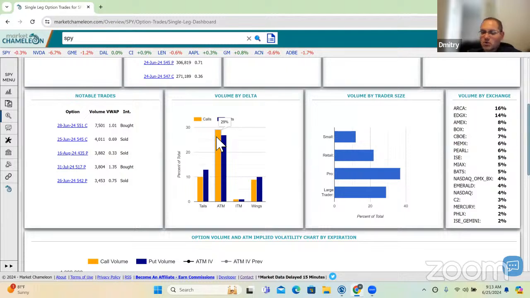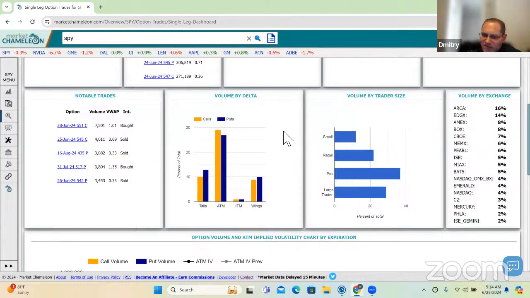So that was the most popular option category, 29% at the money calls, and then right next to it, 27% at the money puts. If you just combine those, you could see that the at the monies, a little bit below 60%, were concentrated around at the money options, calls and puts.